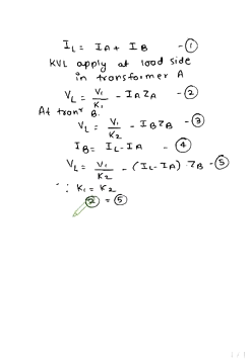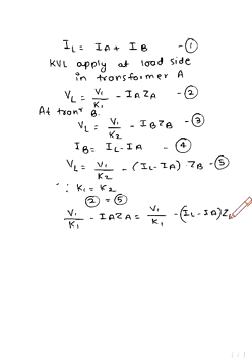This is the fifth equation. Because these are parallel transformers, their K1 and K2 will be equal. K1 is equal to K2 because it is a condition.